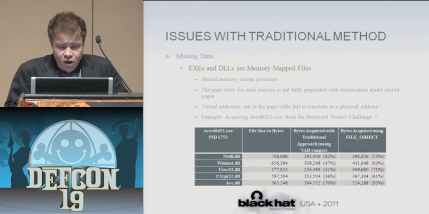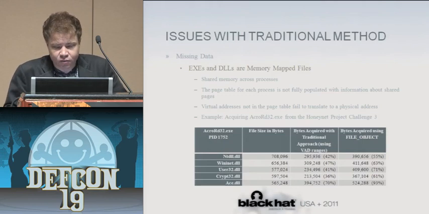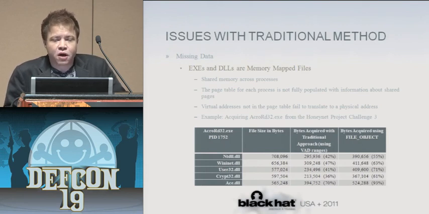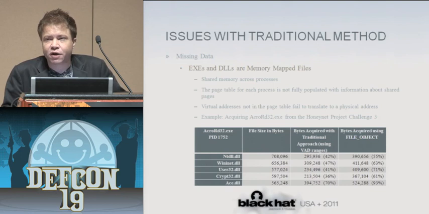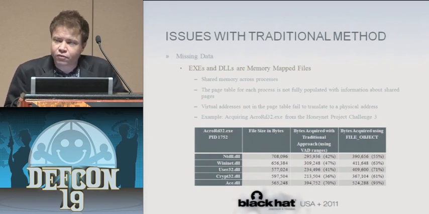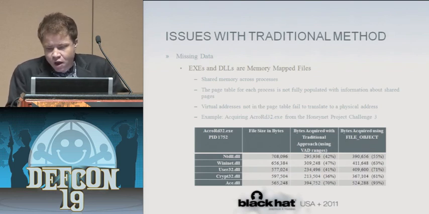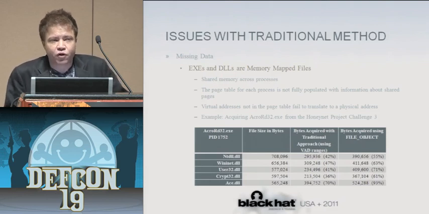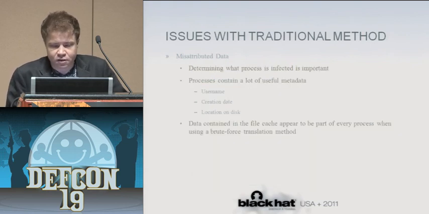So for instance, with the ace.dll, we got 70% of it using the traditional method, but we were able to increase that to 93% using this more accurate method of the file objects. Also, we'll talk about in a moment what you can do, how this number may go up to actually 100% if you're running on a live system and not a memory image because you have access to the disk.